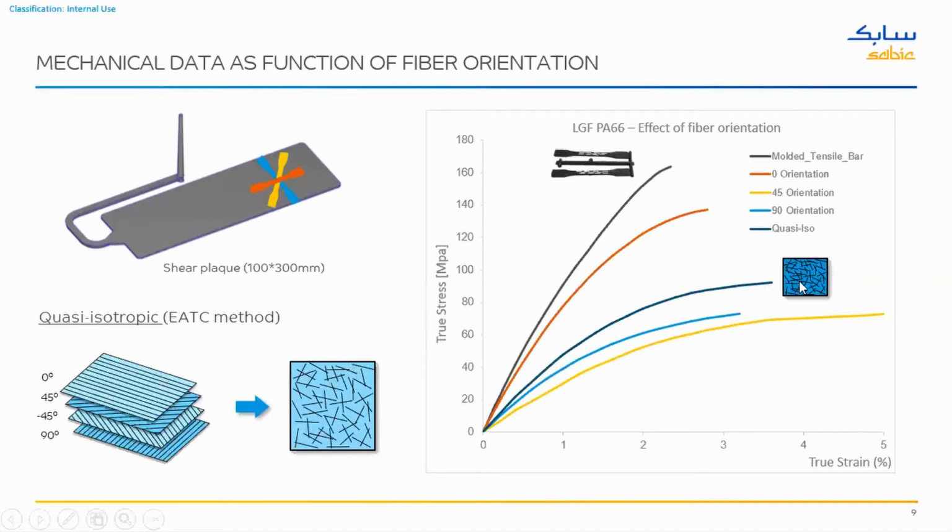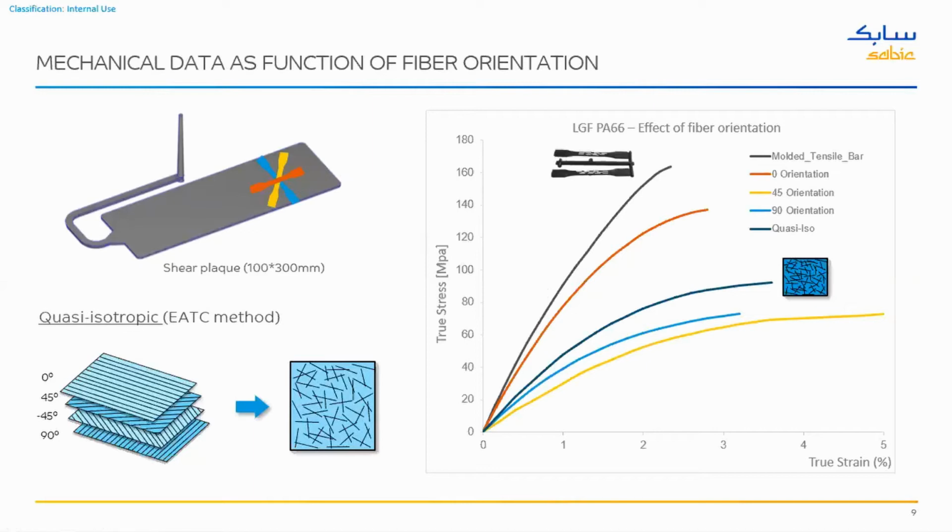For initial, preliminary part design, this sometimes becomes a good starting point, and then you go on to more advanced anisotropic designs. But this data clearly illustrates how much variation one could expect in a simple shear plaque like this, and it gets more and more complex with very complex applications.